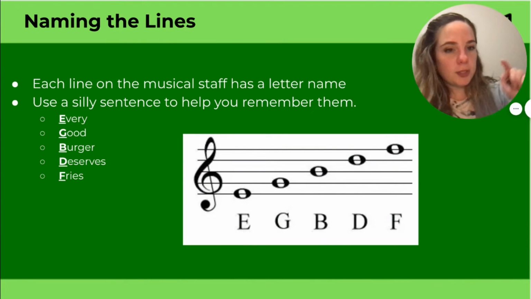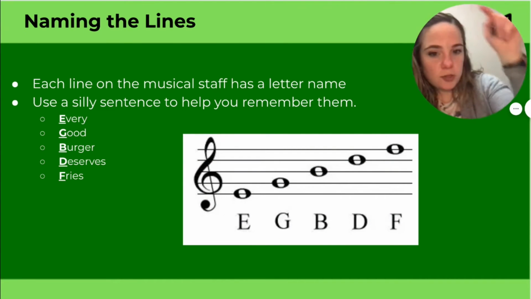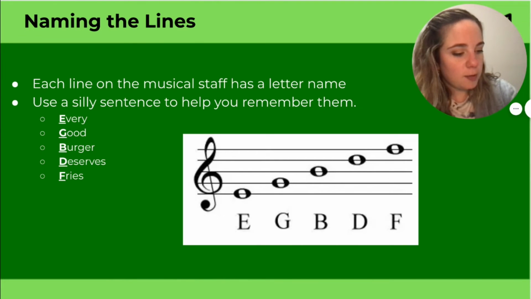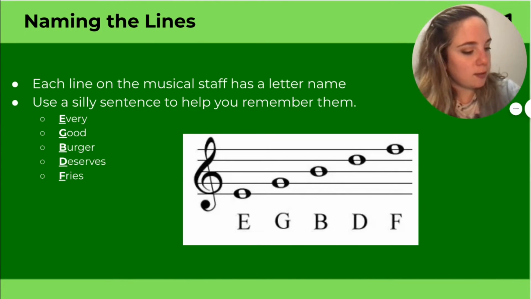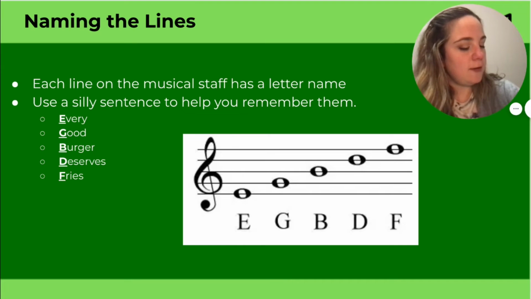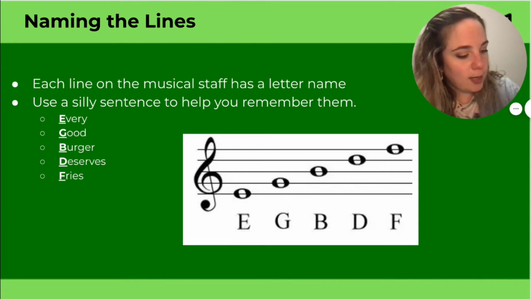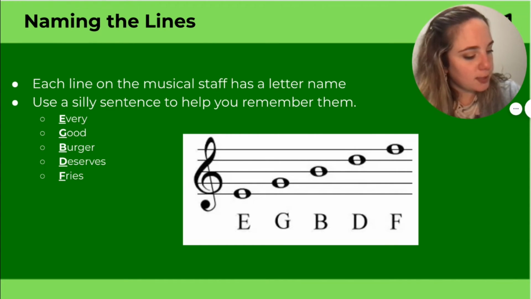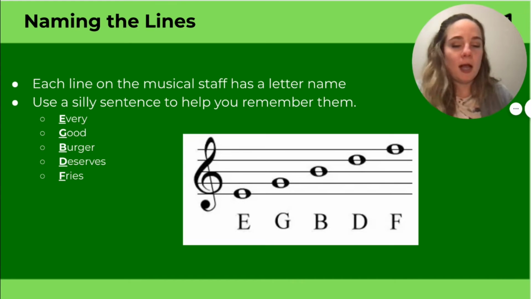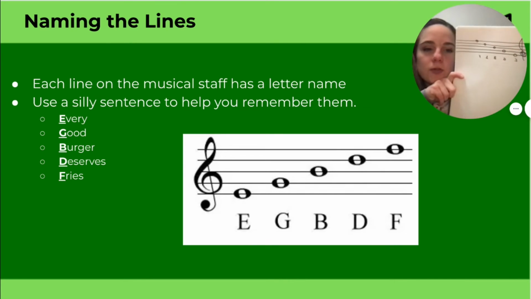And so what I want you to do on your notes is to make one of these drawings. You're going to put a whole note, which we've already learned about, on each individual line from bottom to top. And I want you to also write the note names underneath each of those notes. Go ahead and take 10 seconds to do that if you need to. I basically just copied what I'm seeing on my computer screen here.